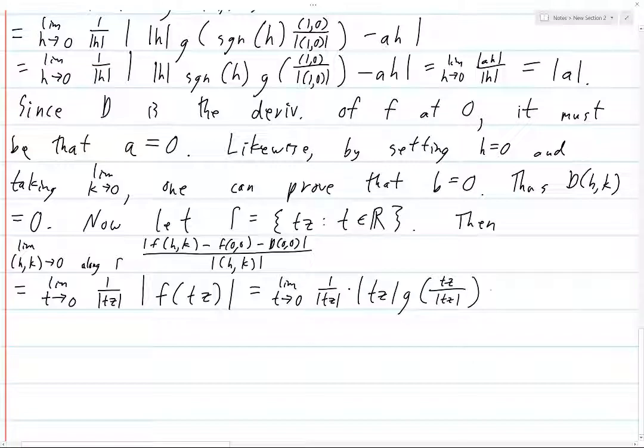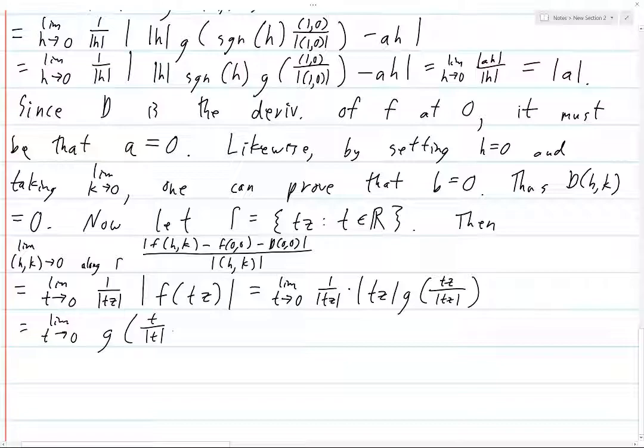So this is going to be the limit as t goes to 0 of g of t over the norm of t times z over the norm of z.